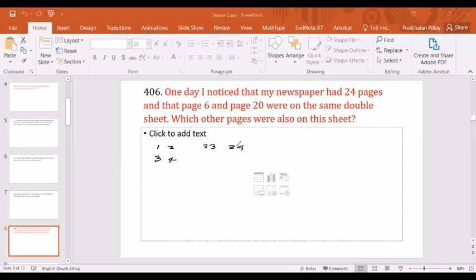So the back of that will be the next two here, 23, 24, and here you will have 21, 22, and so on, and then eventually you will come to 5, 6 and 19, 20. That's how it goes. Okay, so the answer is 5 and 19.